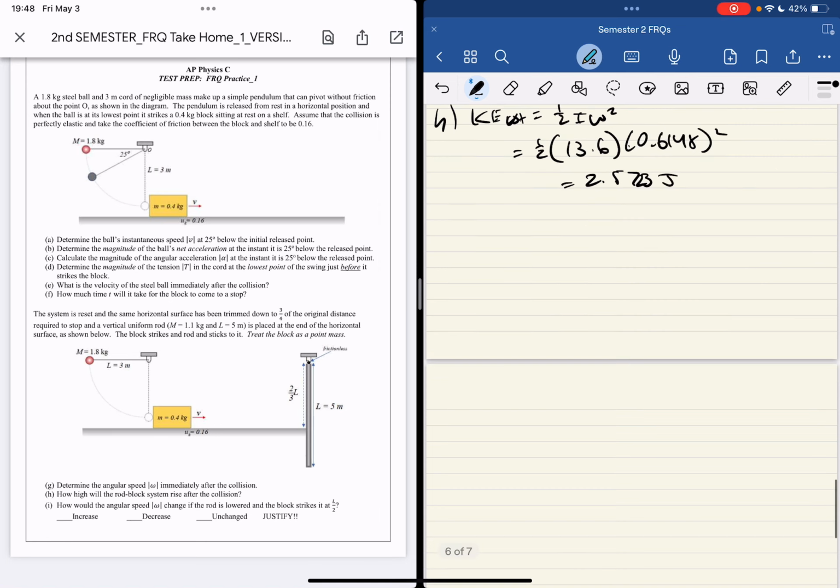And that's going to be equal to 2.5723 joules. I did this first because now we can set up conservation of energy: the PE final, which is when it's at its highest height, is equal to the KE initial, which is the KE rod. So it's going to be m g h equal to 2.5723. Isolate for h.